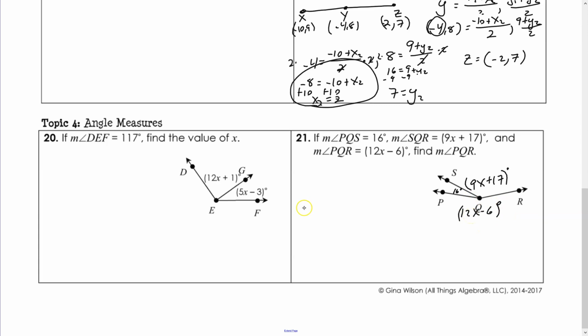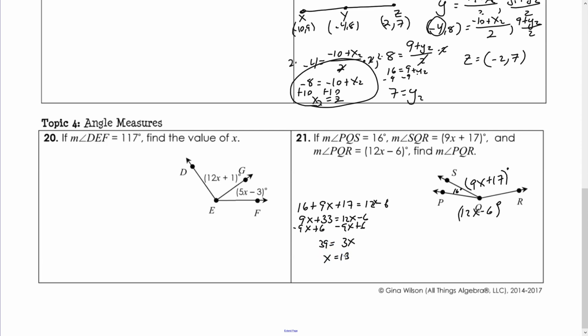So 16 plus 9x plus 17 equals 12x minus 6. Combine like terms, we get 9x plus 33 equals 12x minus 6. We subtract 9x, giving us 3x. We add 6 to both sides, giving us 39. And that makes x equal to 13.